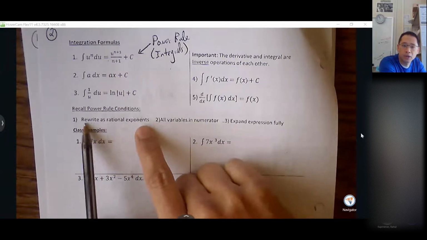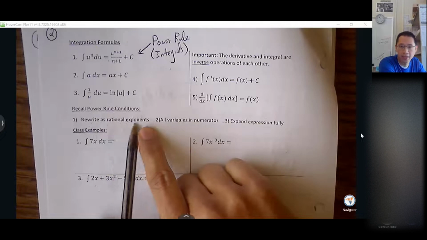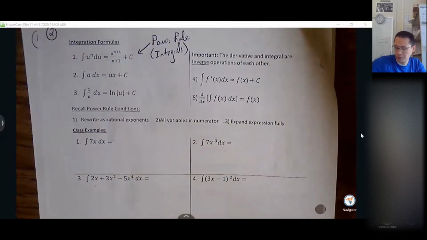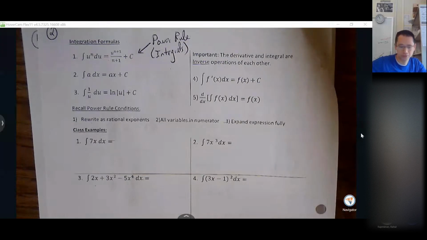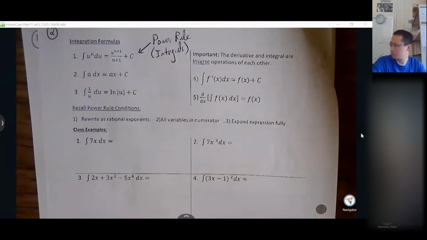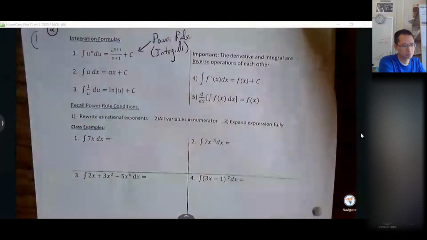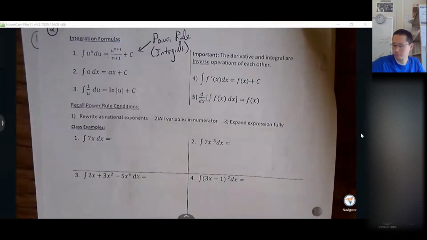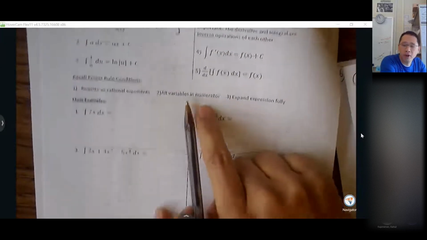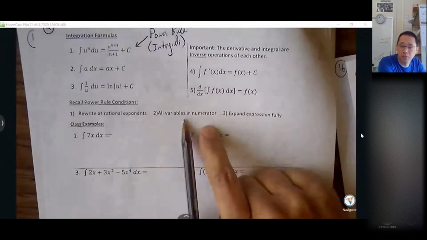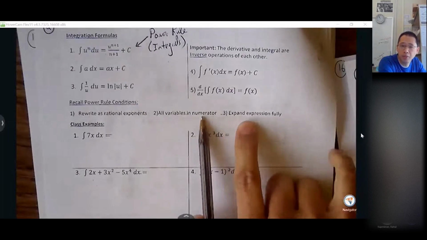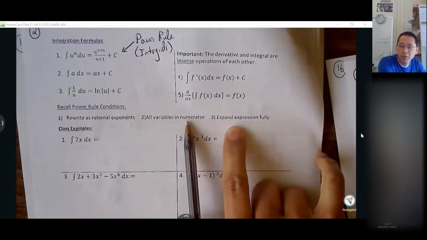Any radicals, we want to make sure we rewrite as rational exponents. Anytime we have variables in the denominator, we have to push them up to the numerator. We can't do power rule if we have variables in the denominator.